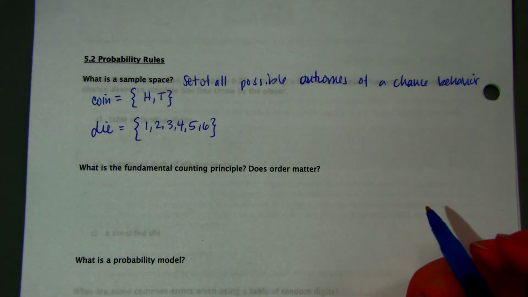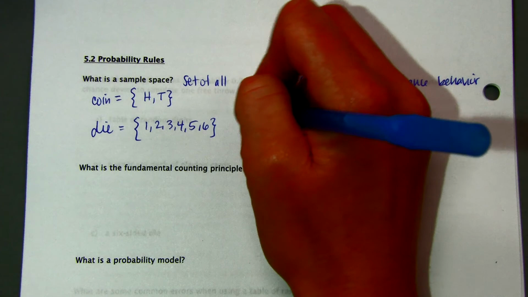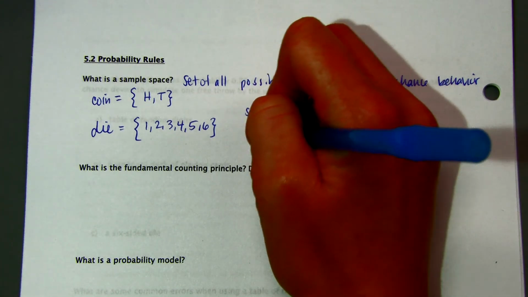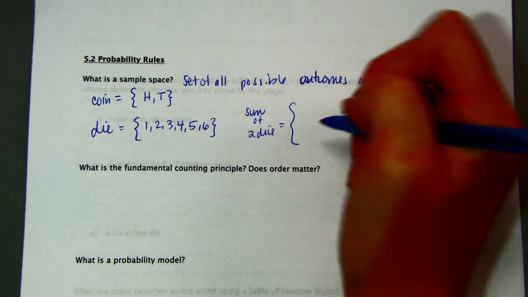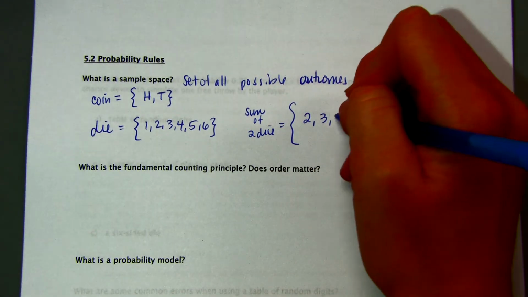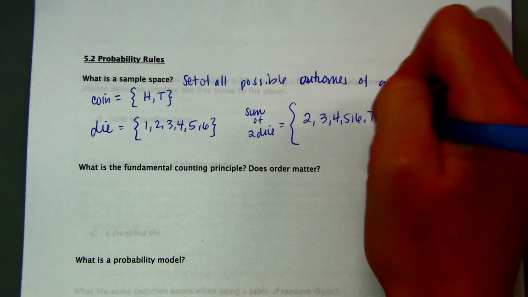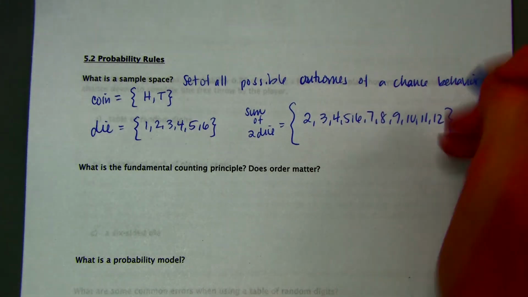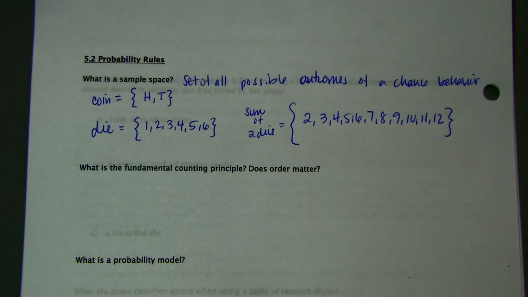You could have the sample space of a compound event, like the sum of 2 dice that have been added together. The smallest sum of 2 dice is going to be 2, and then this is going to go all the way up 9, 10, 11 to 12. So the sample space is the set of all possible outcomes of that chance behavior.